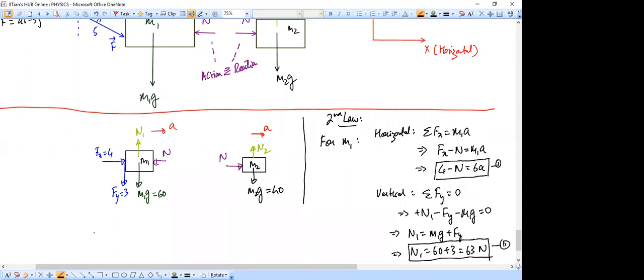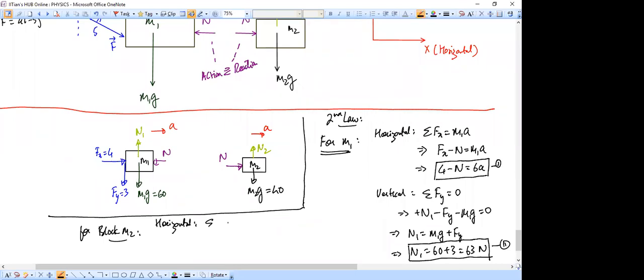Now similarly, let's apply Newton's second law for block M2. Okay, so the horizontal one, summation Fx should be equal to mass into acceleration. So this will give us N is equal to, this one's mass is 4, into acceleration a. So this is becoming our third equation.